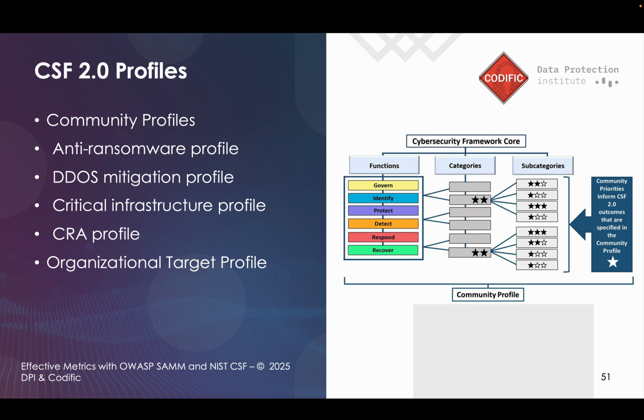Even if they can intuitively understand it, they rarely practice a structured and methodological approach. That's why NIST came up with profiles, which are essentially predefined targets for specific risk scenarios or specific threats. Think about anti-ransomware profile, DDoS resilience profile, and so on. And honestly, these are great ideas.